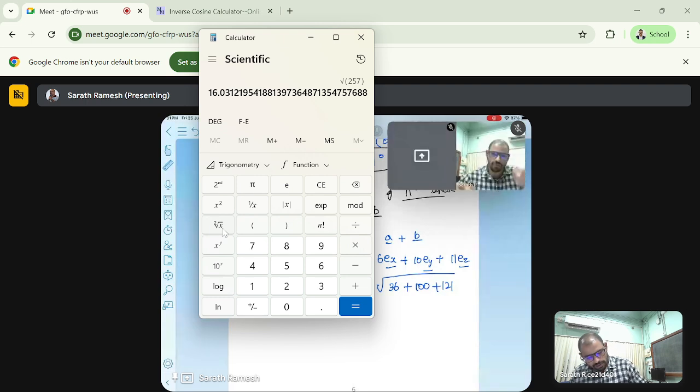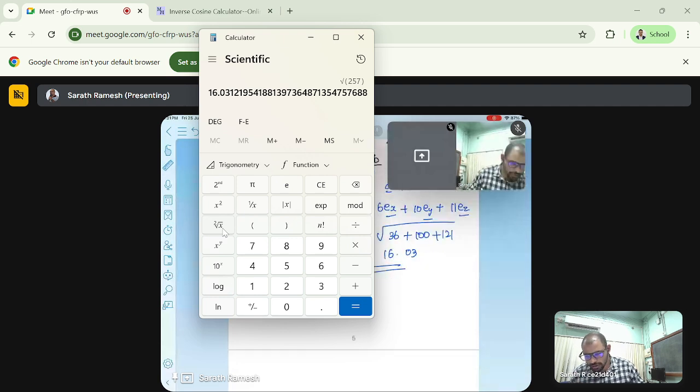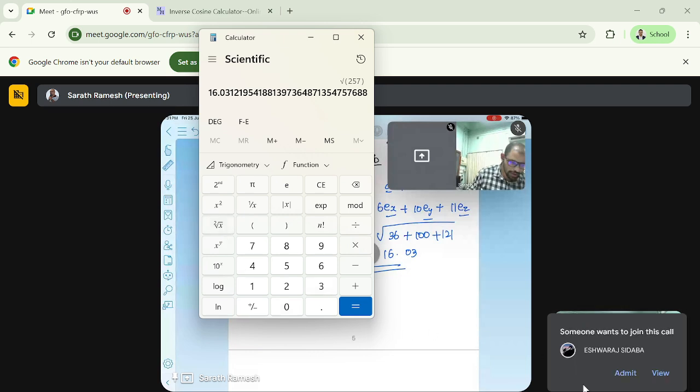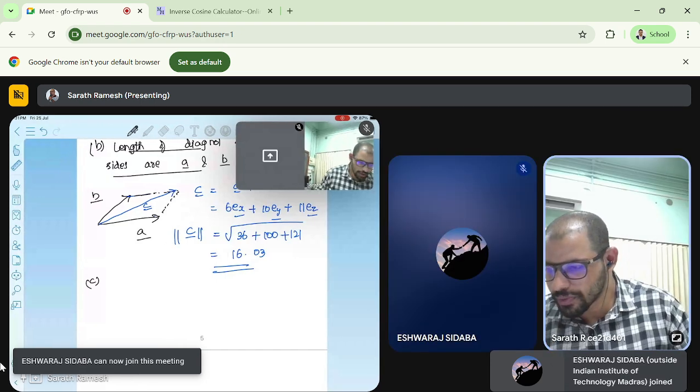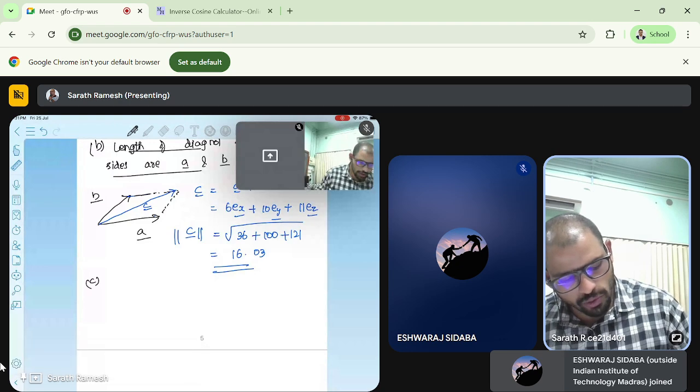And the third part of the first question: the orientation of the diagonal with respect to Ex, Ey and Ez direction. Orientation of this diagonal, the C vector, with respect to Ex, Ey and Ez.